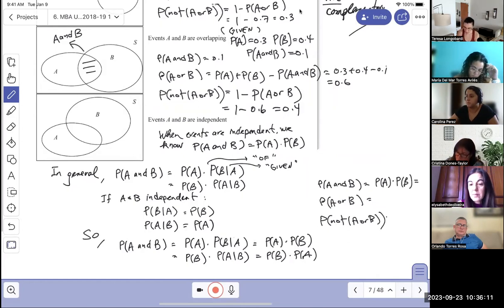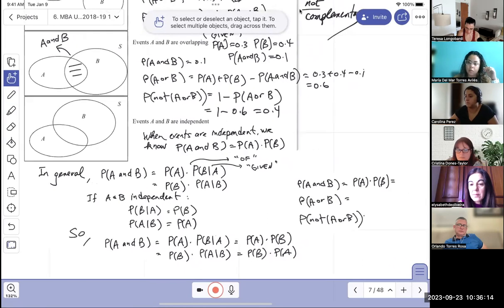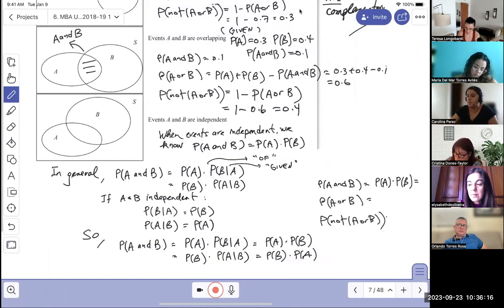That's right, 0.12. I'm just multiplying them together because I was told they're independent.